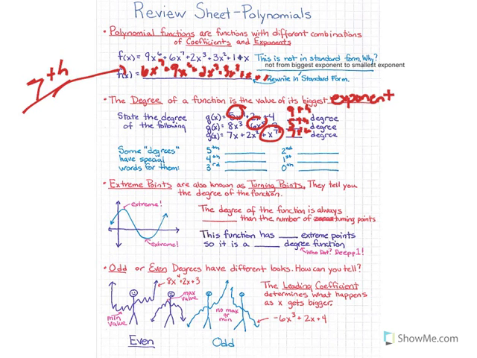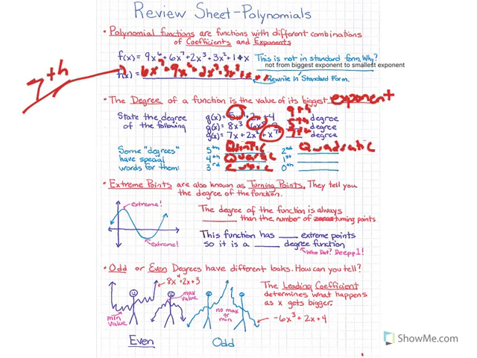Now, some degrees have special words that go with them. 5th degree is known as a quintic function. 4th degree is known as a quartic, like a quart of milk. A 3rd degree is known as a cubic. 2nd degree is known as a quadratic.